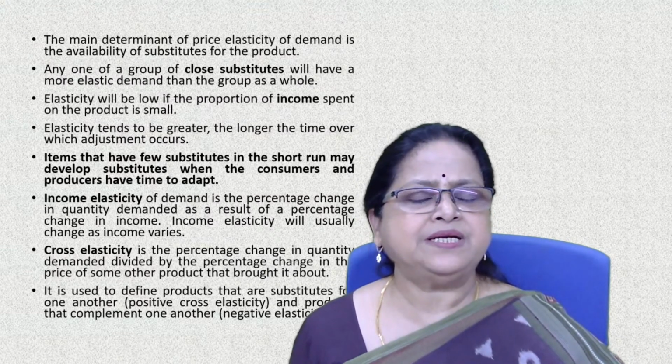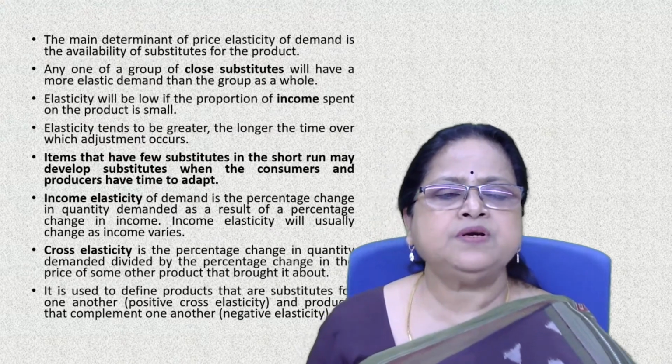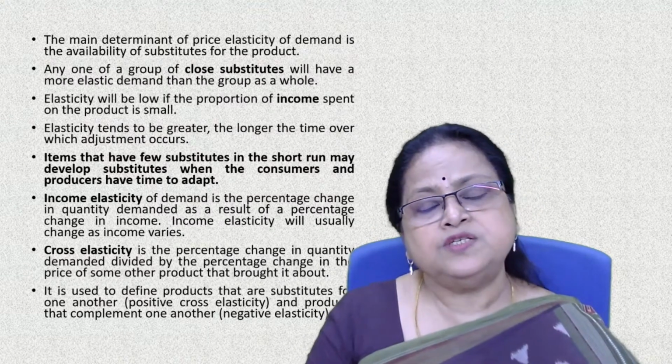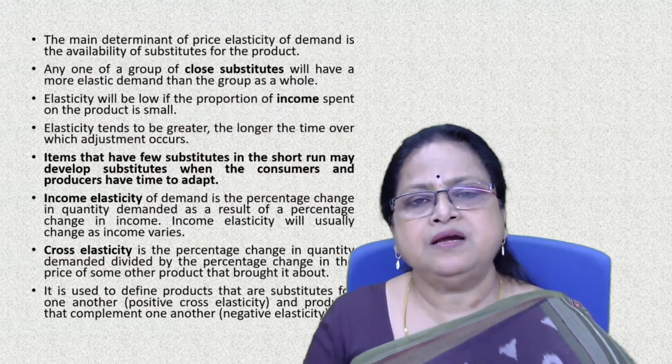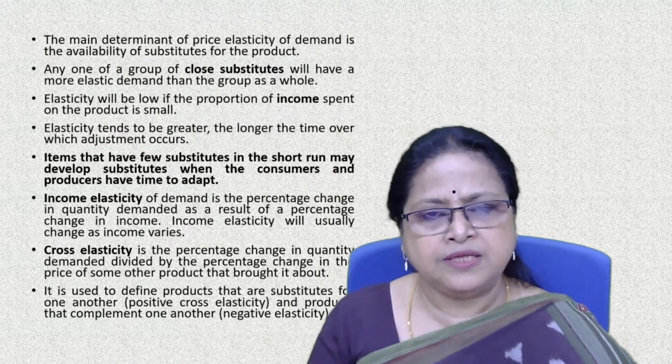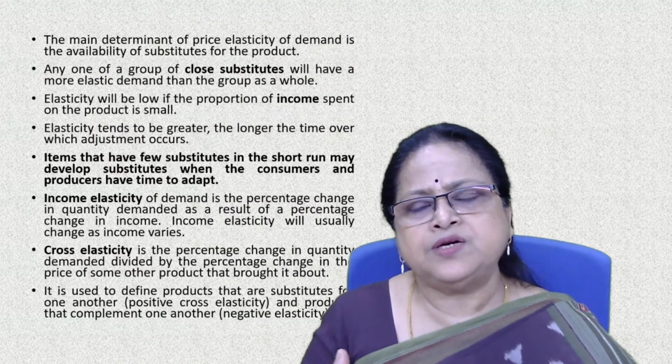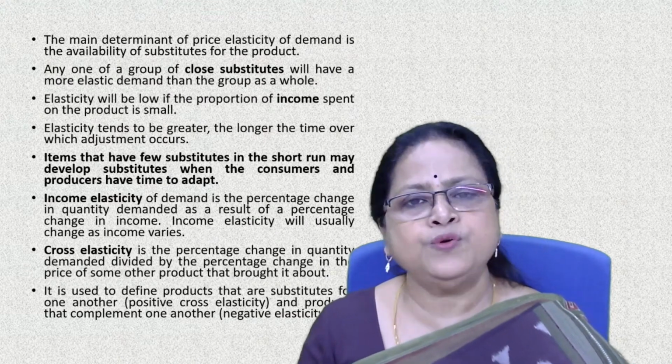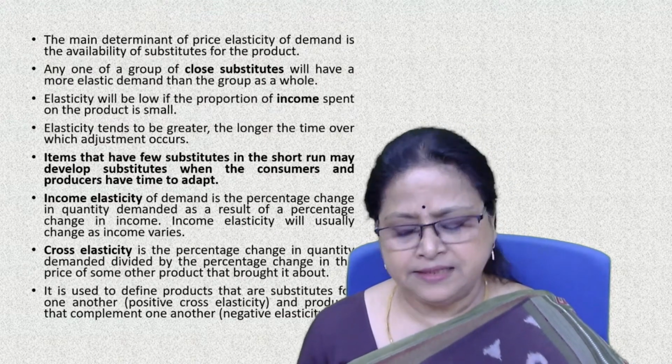And the advertisement part is also there, because firms can make the consumers' demand inelastic by spending more on advertisement, or they try to make the consumer perceive that there is no close substitute for their product. Like that we can study.